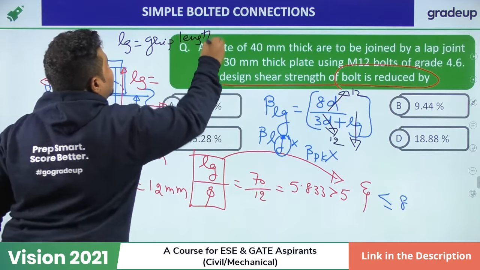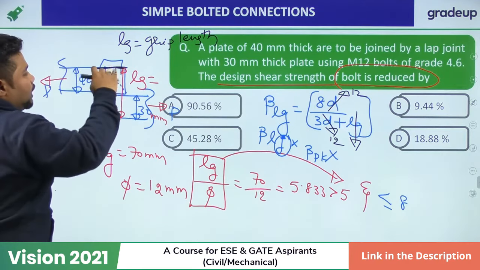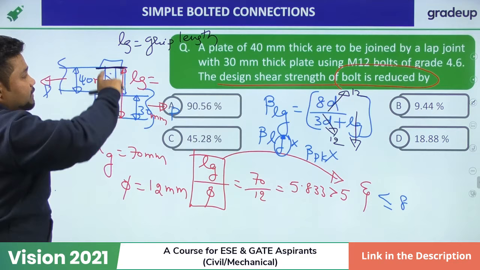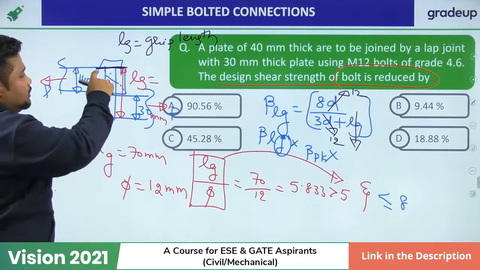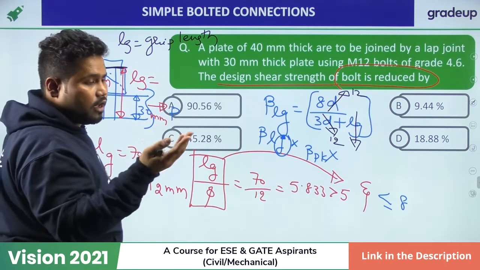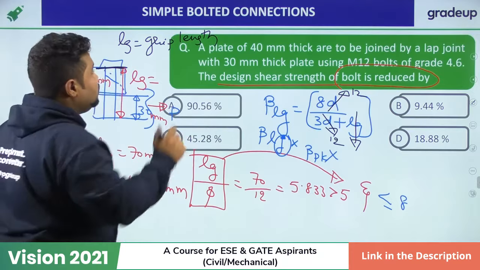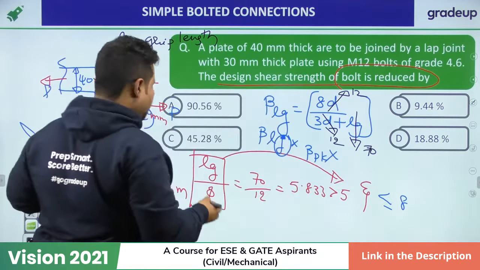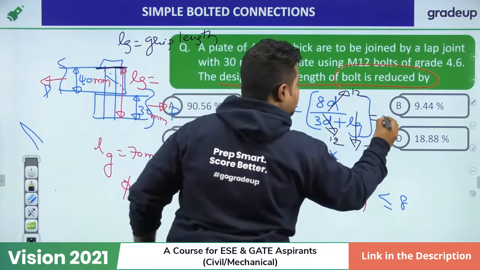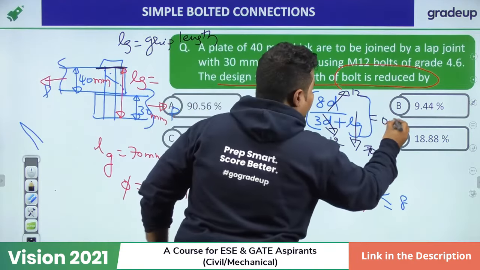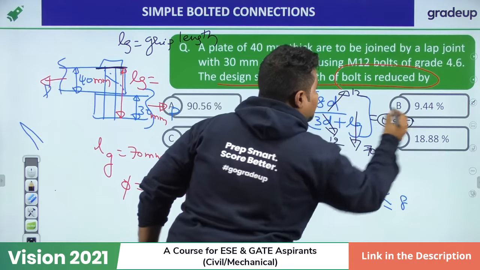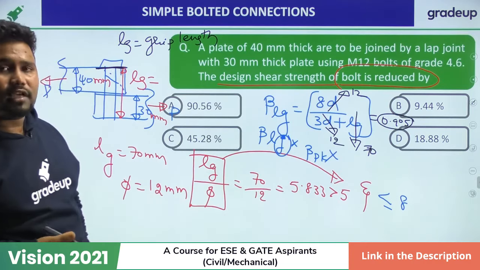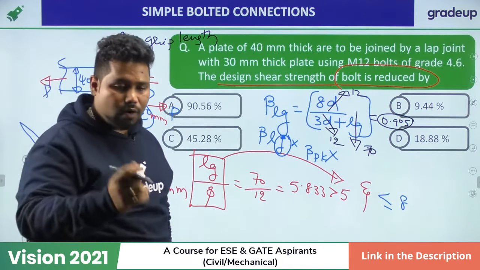Grip length is defined as the overall total aggregate thickness of all the plates, including cover plates also. So grip length is 70 millimeter. If you work out beta LG, you will get the answer as 0.905. If the reduction factor itself is 0.905, what does that mean?